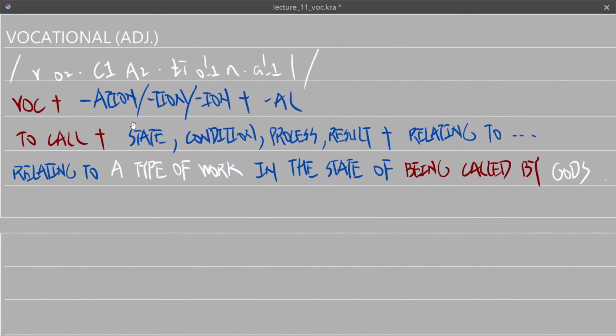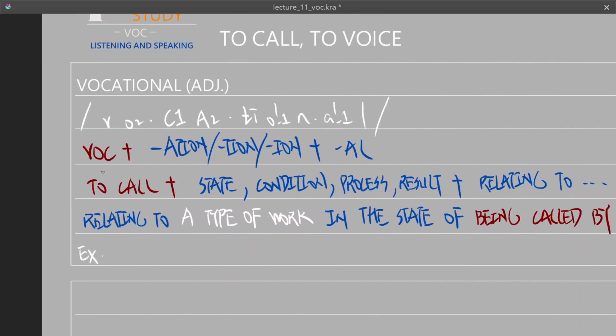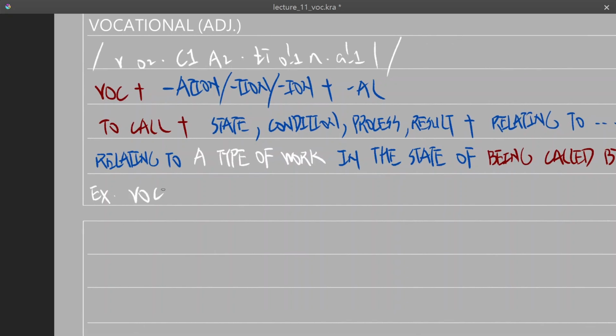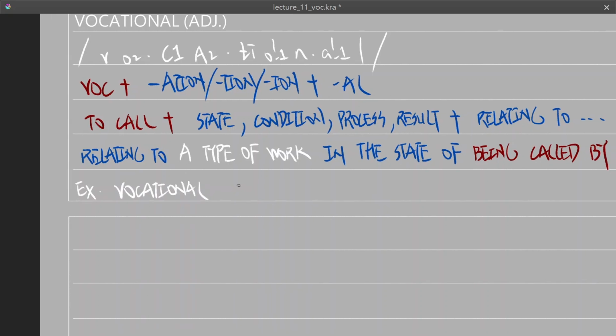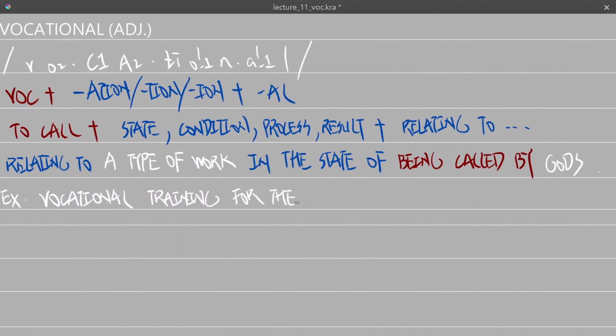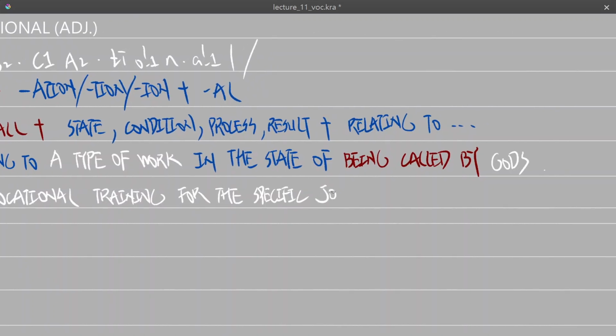Cool. So, for example, I could say, we have something called vocational training, for the specific job role.